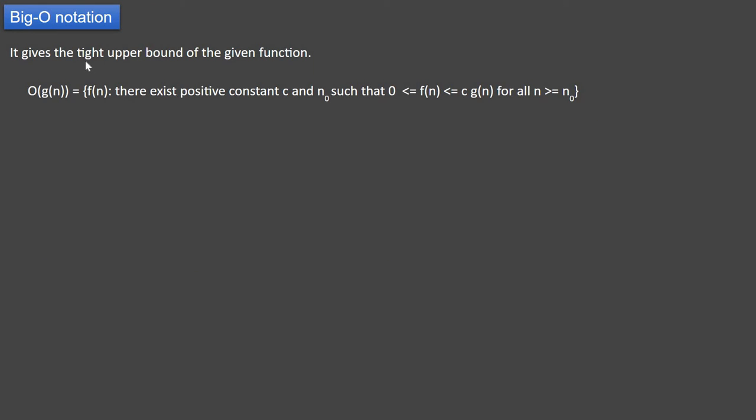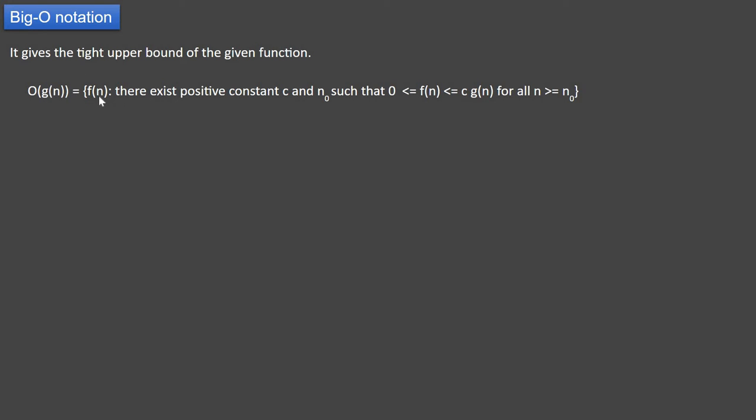Big O notation, as we have seen, is going to give the tight upper bound of the given function. So as we said, there is a f(n), right? f(n) is going to have some values, and we are going to derive one more function g(n) from the f(n), and it should have the tight upper bound of the f(n). Let's read this statement. Big O is for the big O notation, and we are going to take the g(n), right?